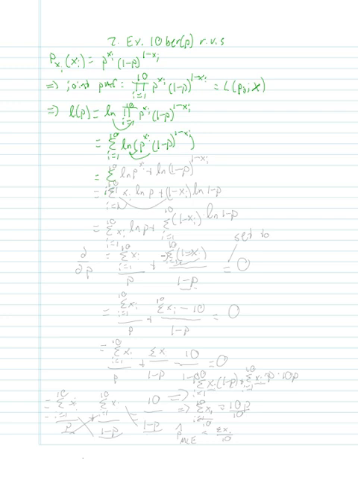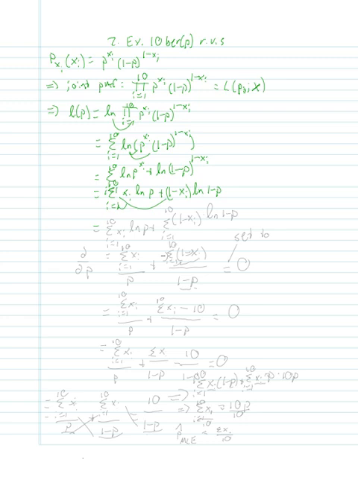Or, distributing in this logarithm, we have the sum from i equals 1 to 10 of log of p to the xi plus log of 1 minus p to the 1 minus xi, which gets us the sum from i equals 1 to 10 of xi log of p plus 1 minus xi times log of 1 minus p, right?